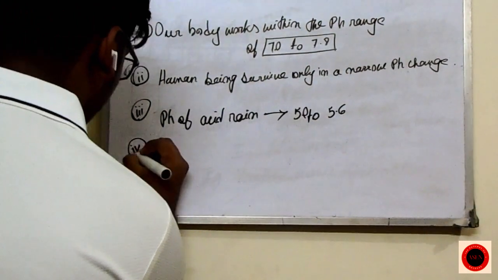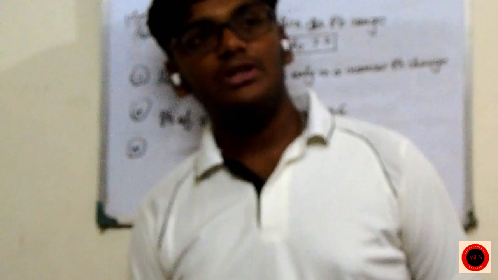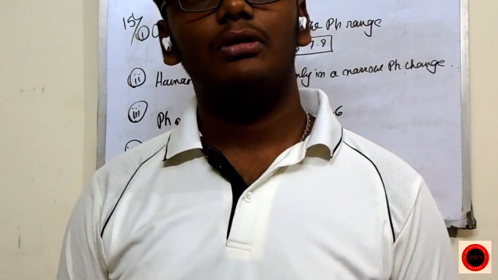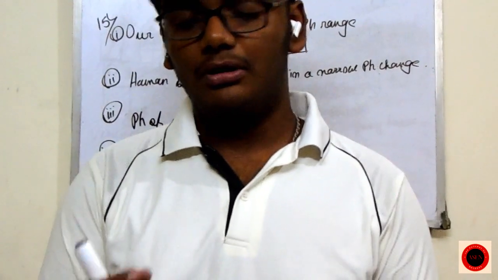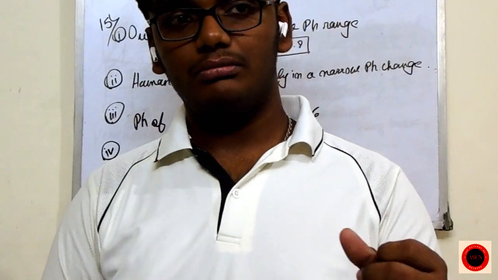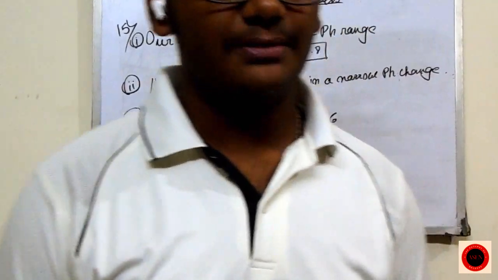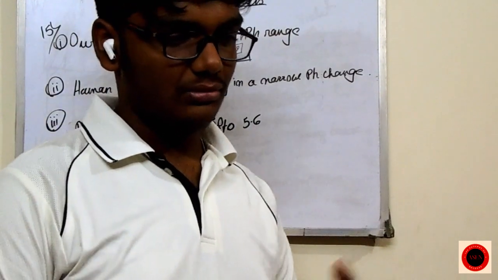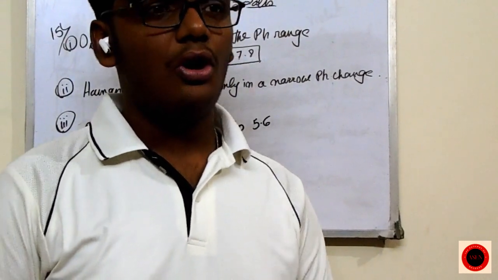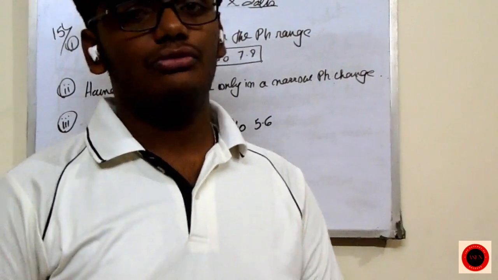Roman 4. Tooth decay. When the pH of our tooth comes lower than 5.5, then tooth decay starts. That is, it becomes acidic and our teeth slowly turn into bad health.